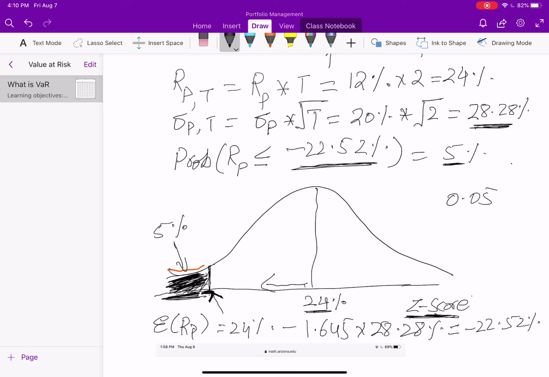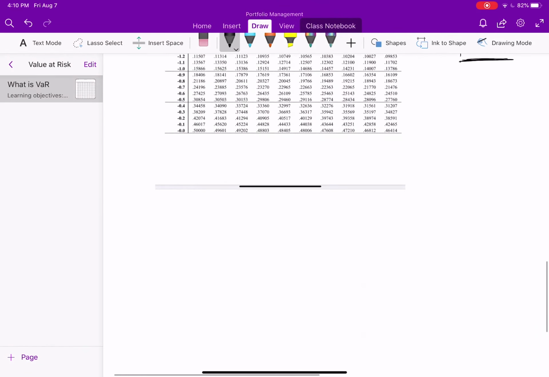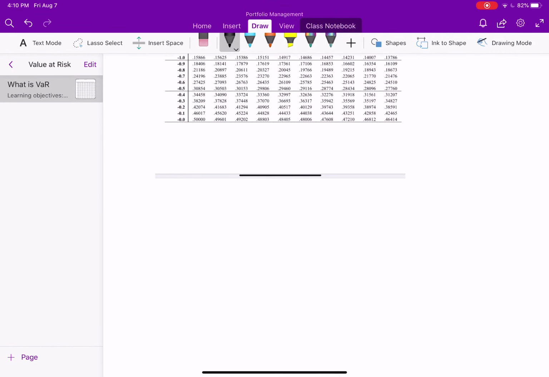So this minus is suggesting the loss. Normally fund managers are interested in knowing the minimum expected loss at the 1% level, 2.5% level, and 5% level.